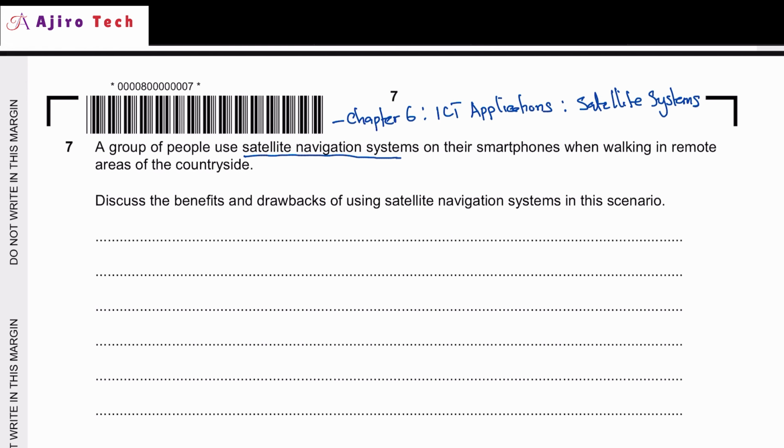We have the GPS, which is the global positioning system, the satellite navigation system, and then we have the GIS, which is the geographic information system. And then we have the media communication system.